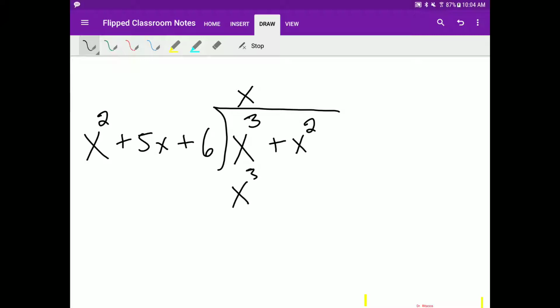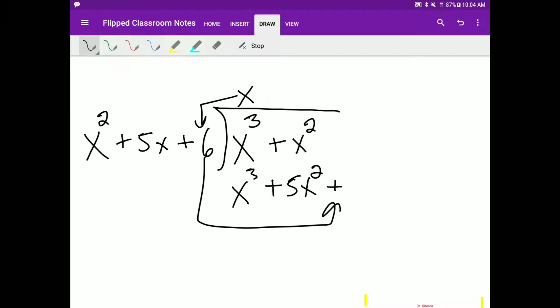Now I go to the next term. I'm going to multiply x times 5x to give me plus 5x squared. And now I'm going to multiply x by 6 to give me plus 6x.